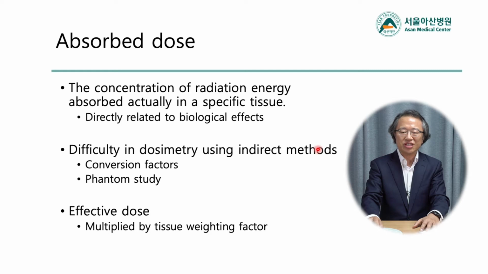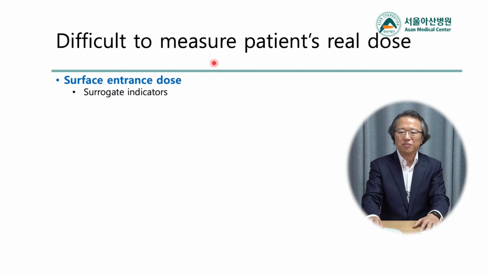For actual irradiated and observed dose quantitation, we should use the concept of effective dose. However, to obtain and calculate it that way is not practical in our daily practice. The most practical approach is measuring the surface entrance dose as a surrogate indicator.